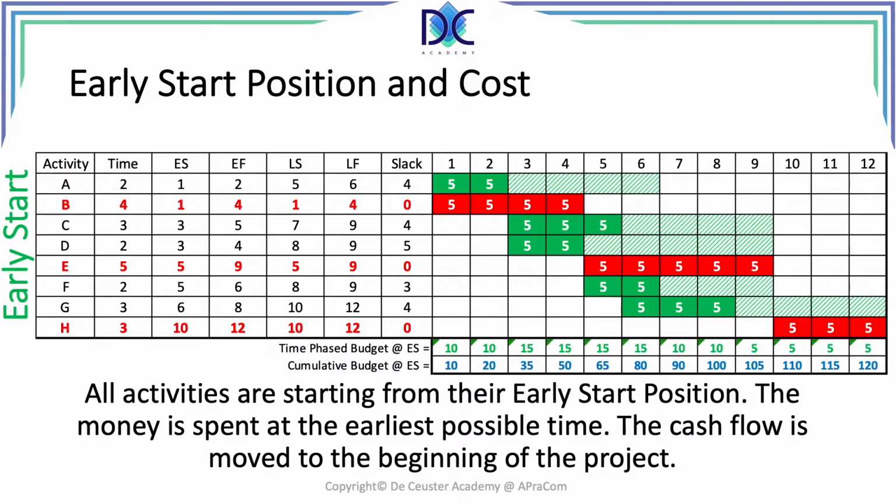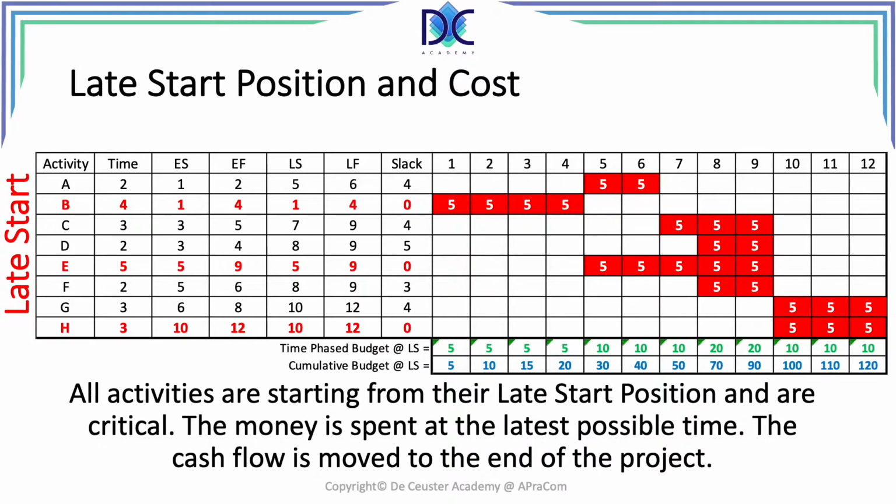For period 2, we add the cost of period 2, which is 10, to the cumulative cost of period 1, and we get a new cumulative cost equal to 20. We continue this until we reach the last period, in this case period 12, with a total cost of 120K. This is also the budget at completion of this project.